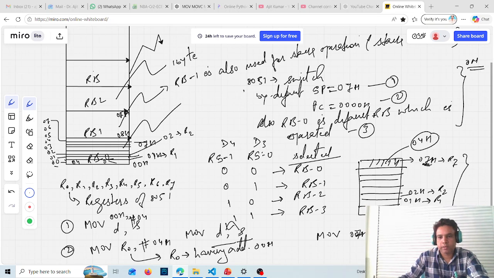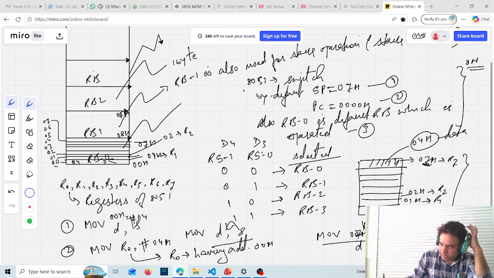This is the data I want to store. This is the destination, this is the source. So the source will get moved into this address, 07. The same thing is possible if I write move R7, comma, #04H. Both have the same meaning.